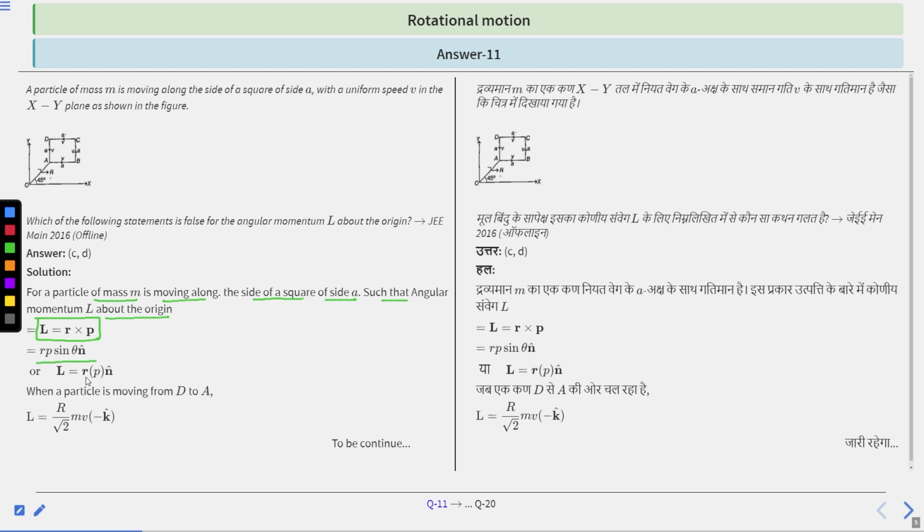So L equal to RP n cap when the particle is moving from D to A. So L equal to R divided by root 2 mv minus k cap.